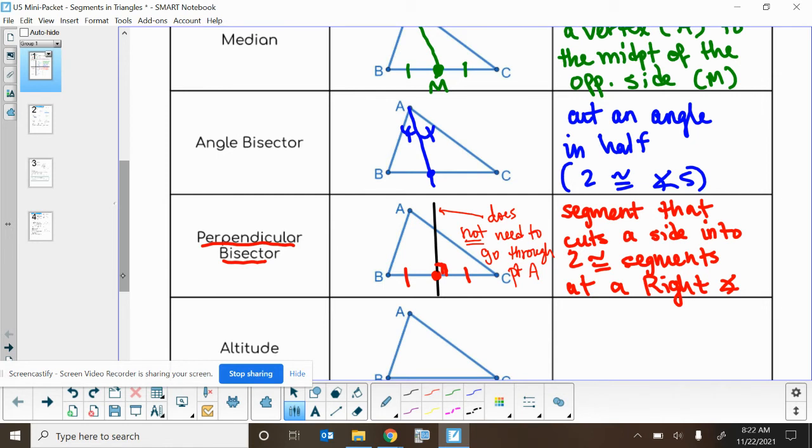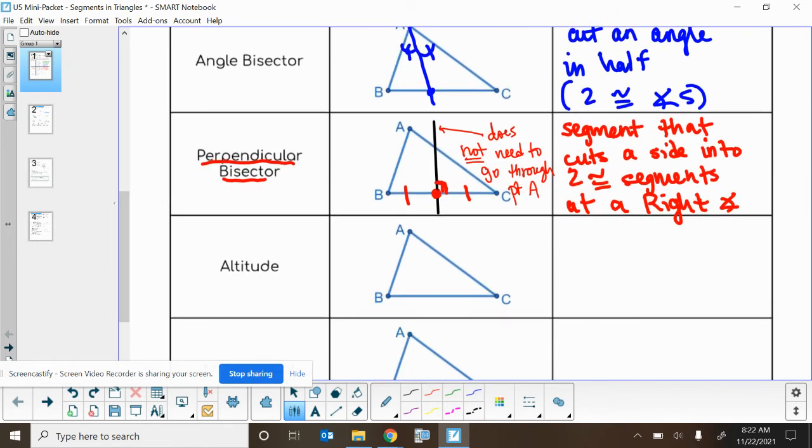Okay, that's important because a perpendicular bisector and an altitude are really similar to each other, but an altitude actually does go through point A at a right angle. Well, that is not a right angle. Let me fix that. So that you have a height, and altitude is like a height. So this is the segment that connects the vertex just to anywhere on the opposite side as long as it's a right angle.